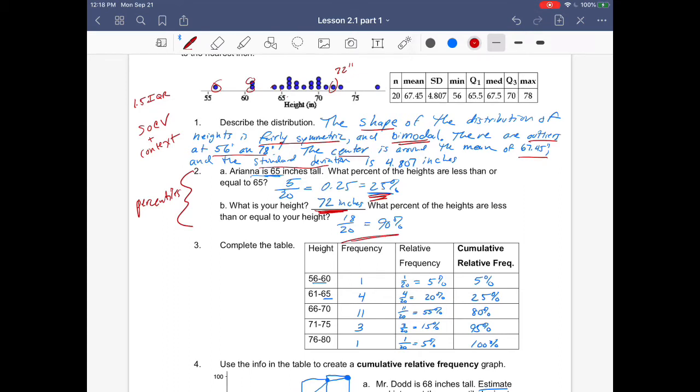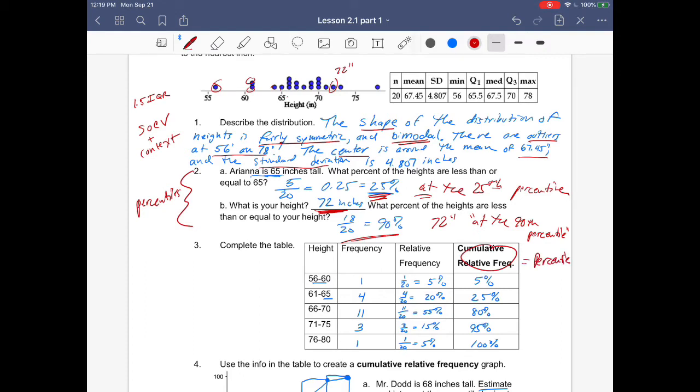So 72 inches is at the 90th percentile, and our Ariana is at the 25th percentile. And so what you see is cumulative relative frequencies are percentiles.